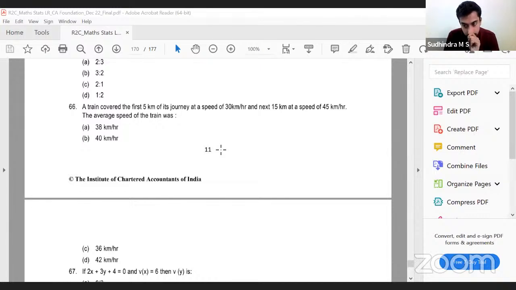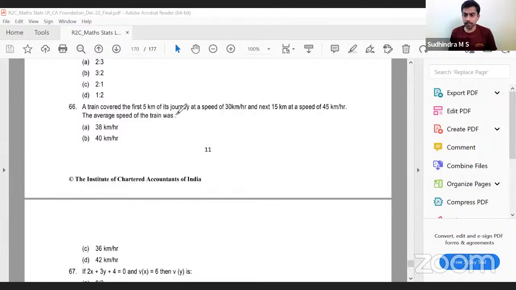Average speed of the train. 40 kilometers per hour, correct.